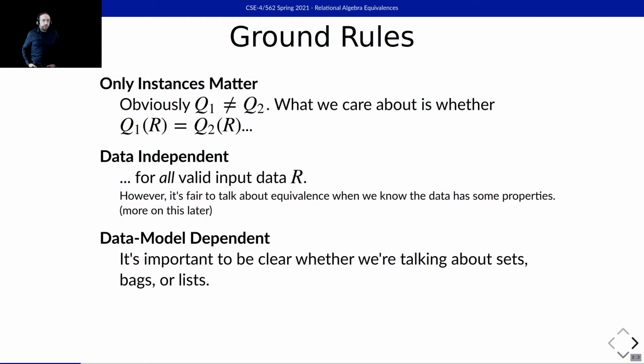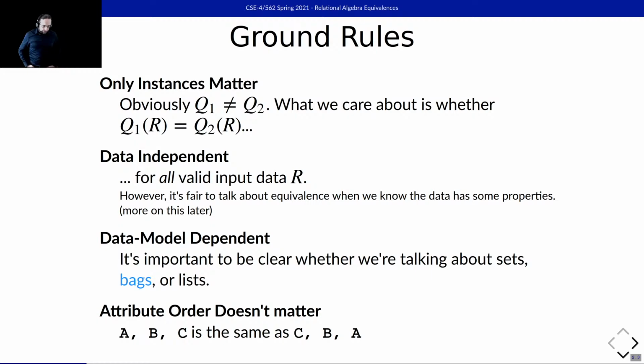Similarly, two queries might produce the same set as an output, but have different counts of the resulting tuples. So today we're going to focus specifically on bags because that's what most database engines use, and we'll periodically glance back and see if any of these rules also apply to sets, and then we'll get to lists in a couple of weeks.